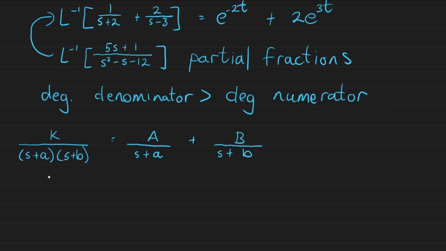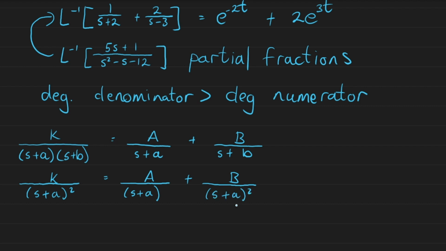Another rule of partial fractions is, let's just say now we have something like k over s plus a squared. So what this will look like is the coefficient A divided by s plus a plus B over s plus a squared. So if we had cubed here instead of squared, we would just add another term plus C over s plus a cubed. It would carry on in that manner.